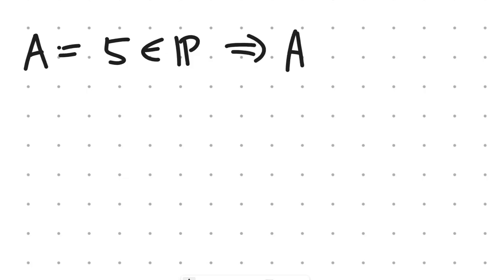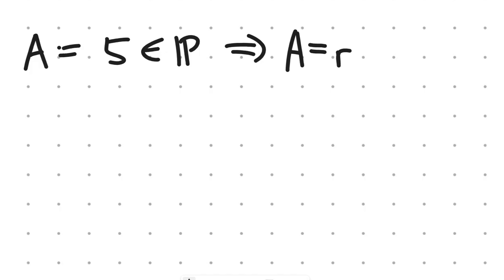A and B are just both mathematical objects trying to describe something. So if A talks about something like 5 is an element of the prime numbers, then we can imply that A is a right thing to say, okay?